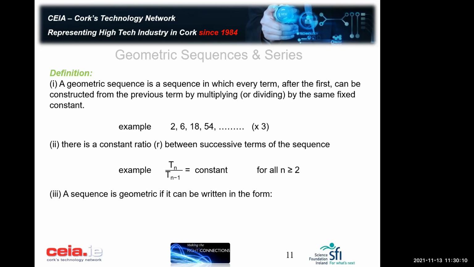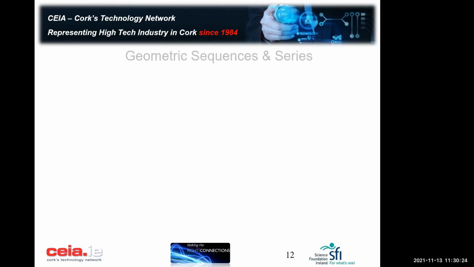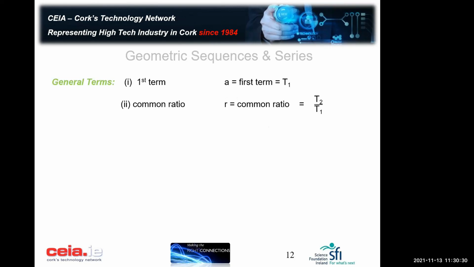A sequence is geometric if it can be written in this form: t of n is equal to p times q to the power of n, where p and q are constants. So that's how a geometric sequence is written. The general terms of a geometric sequence are that the first term is always a again, but the common ratio this time is r, not d. You're used to using d in the arithmetic, whereas in the geometric it's r.